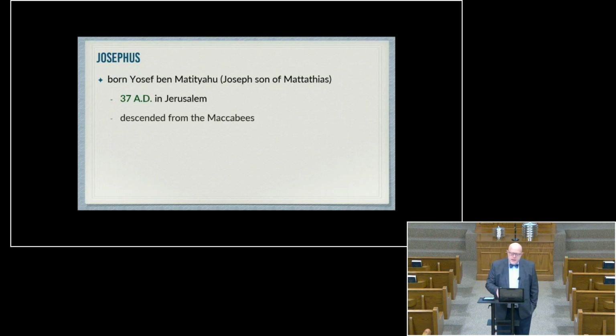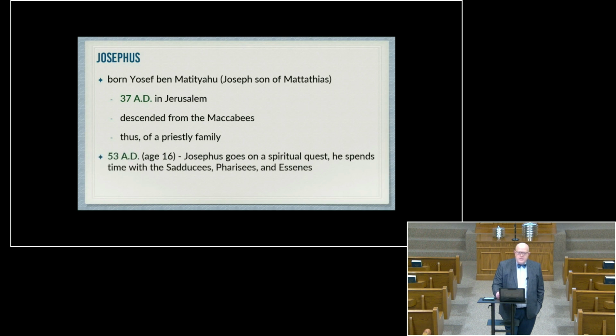He is descended from the Maccabees. Remember these folks, right? Maccabees lead the rebellion against Antiochus IV Epiphanes, and they establish a dynasty. Thus, Josephus is from a priestly family, okay, because the Maccabees were priests. In 53 AD, at the ripe old age of 16, Josephus goes on a spiritual quest.